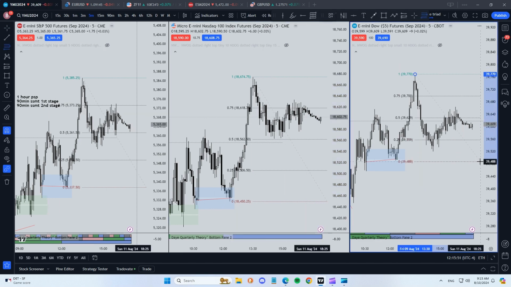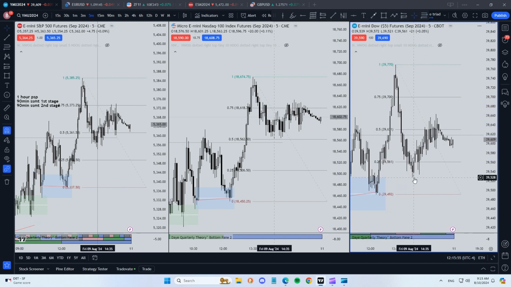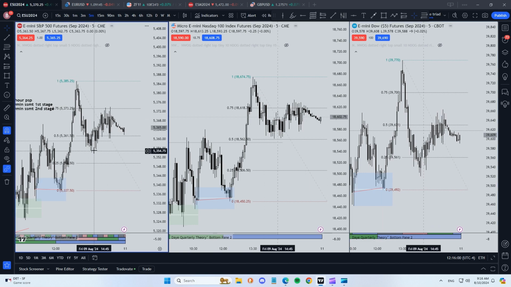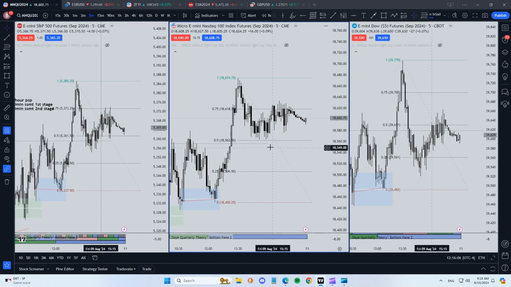As you can see, Dow retraced below 0.25. ES went into this 0.4, 0.30, 0.35 range, and MQ didn't even get to the equilibrium. So there's that. That's what I see.